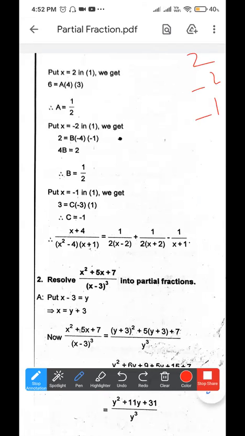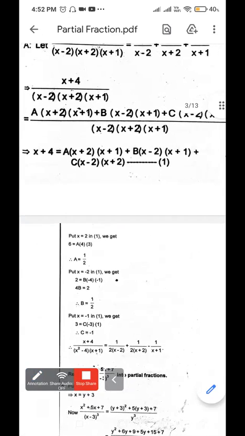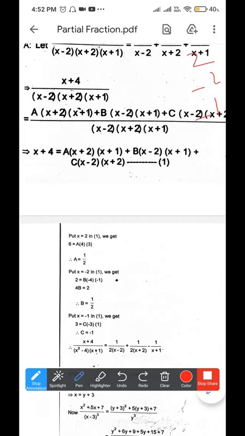So put x = 2 in the equation. So in this equation, we are putting x = 2. So 6 is equal to A into (2 + 2), which is 4, into (2 + 1), which is 3.